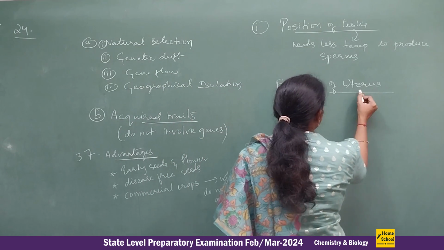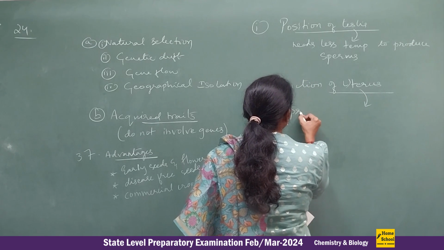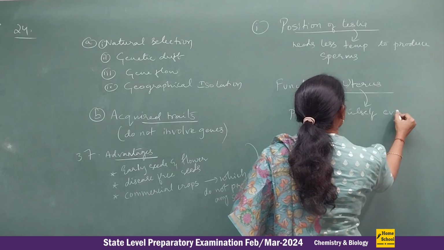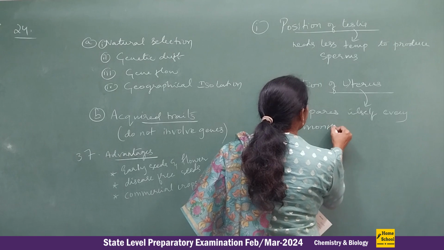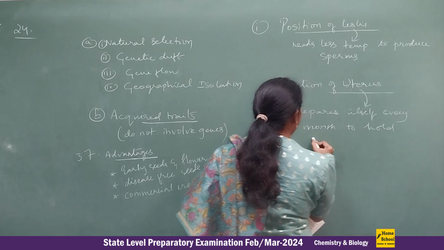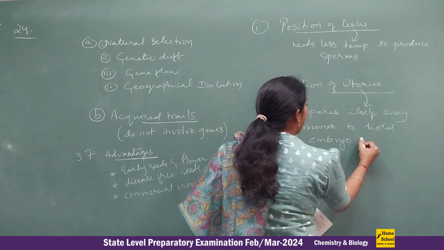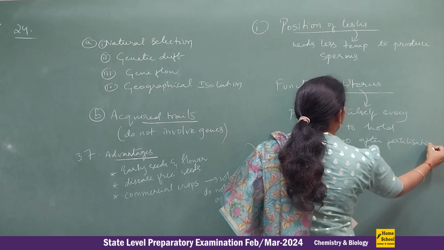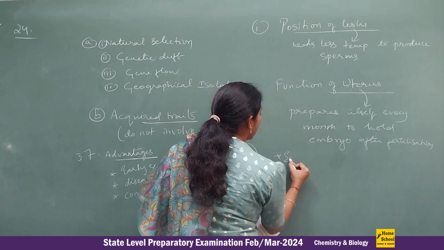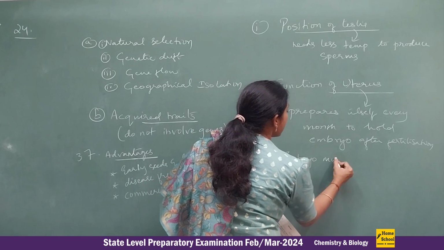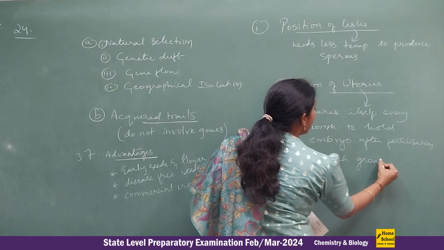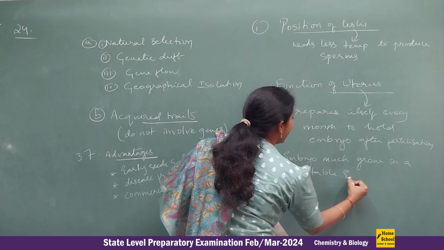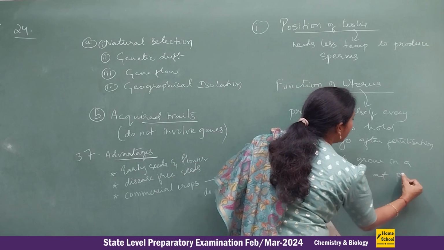Whereas the function of uterus. So uterus prepares itself every month to hold the embryo after fertilization, and the embryo must grow in a suitable environment at proper body temperature.